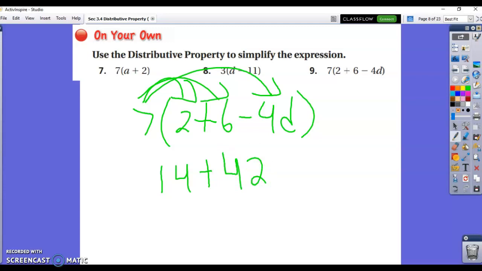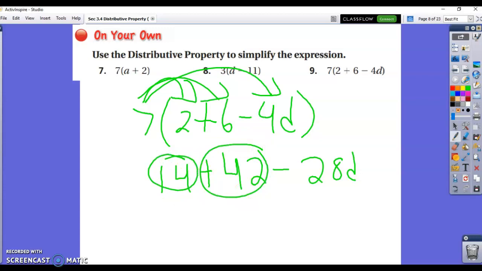And then last is 7 times negative 4d, which is negative 28d. I'm not quite done yet, though, because I have a positive 42 and a 14 that need to be added together because they are like terms. So my answer is going to be 56 minus 28d, and I have simplified that expression.